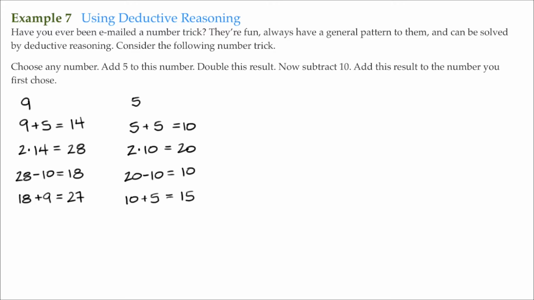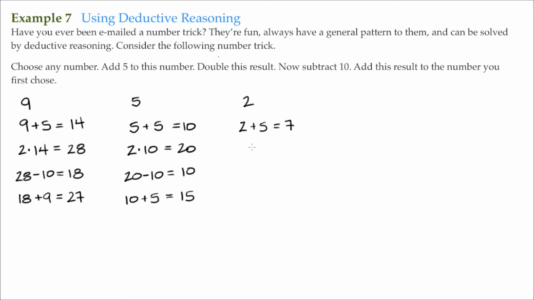So I'm still having a little bit of difficulty seeing what's going on. So maybe I'll try another one. And again, I'm going to keep it simple. So here's maybe 2. Add 5 to this number. 2 plus 5, that's 7.